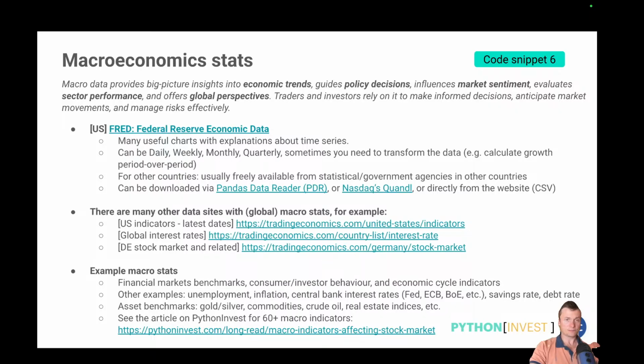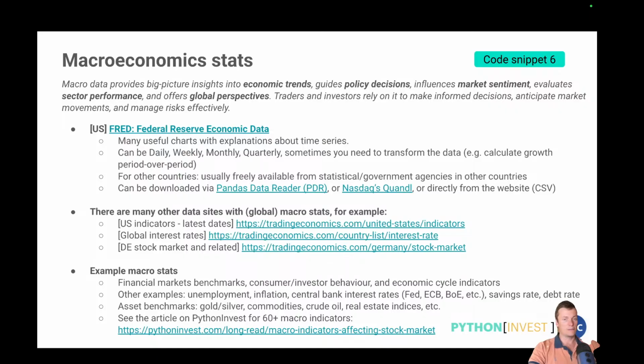Macroeconomic stats. In most cases, we will use stats from FRED, Federal Reserve Economic Data. If you open that website, there are thousands of data points, and you may not know which data points to choose.